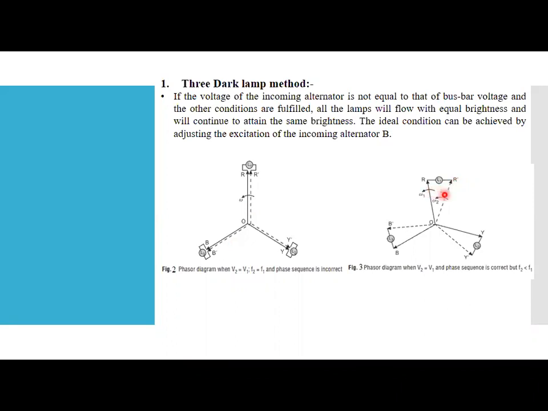There is some gap between these two, so there is some voltage across the lamp. So this is the phasor diagram when voltages remain the same and the phase sequence is again correct, but F2 is less than F1. F2 is the frequency of the alternator and F1 is the frequency of the bus bar.